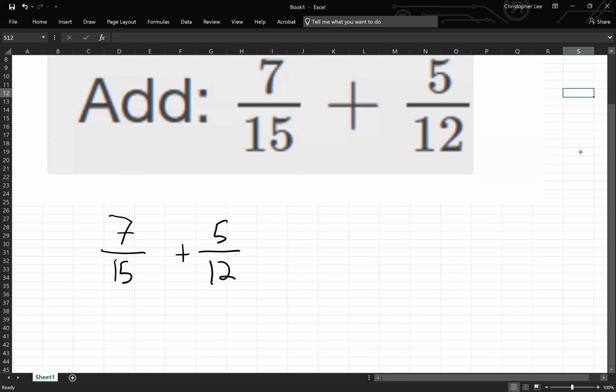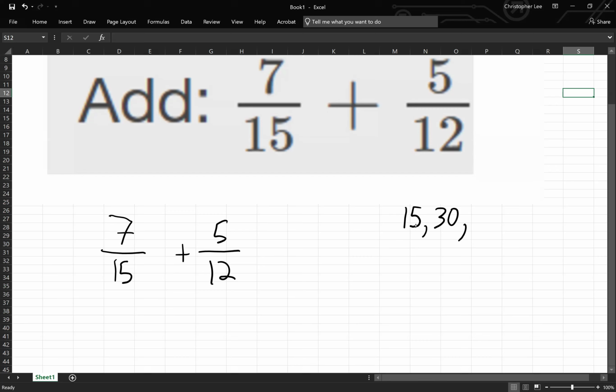Take the biggest number and just keep increasing it until you get a number that the smallest one can go into. So let's say I have 15, right? Does 12 go evenly into 15? No. So double it. 15 times 2, that's what? 30, right? Does 12 go evenly into 30? Hmm.